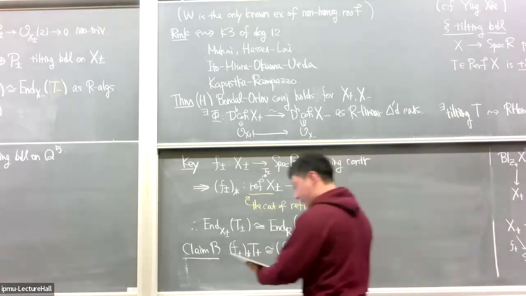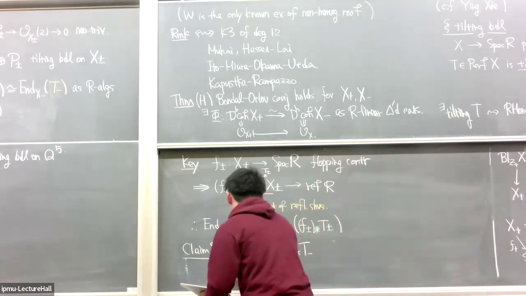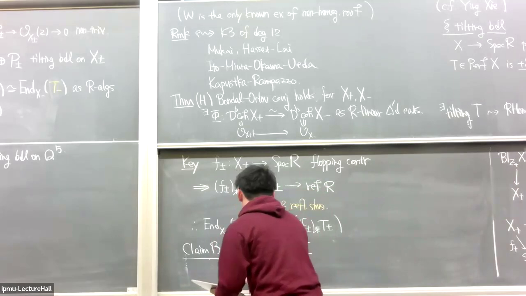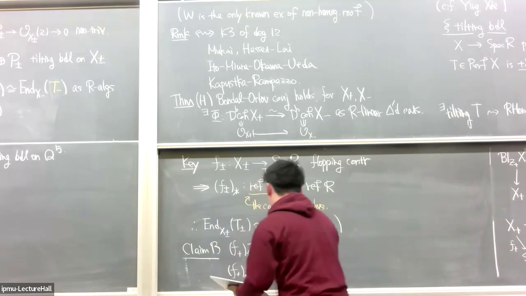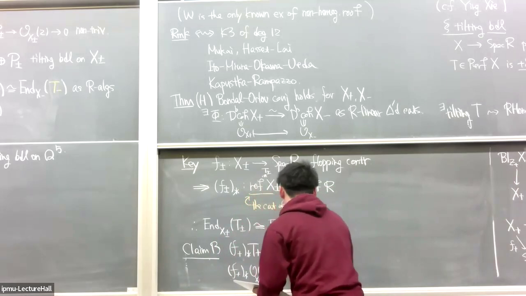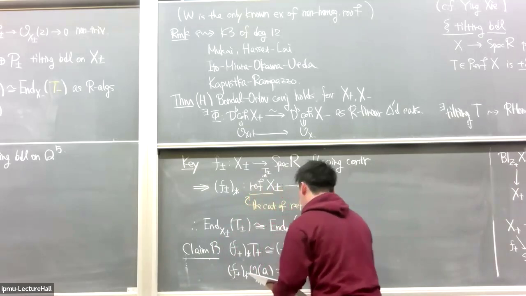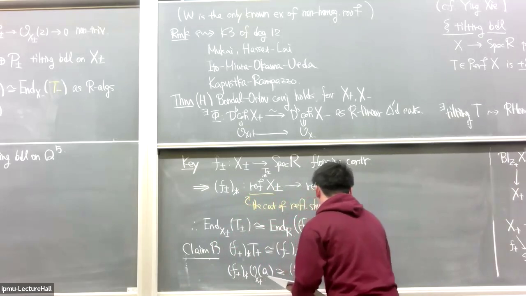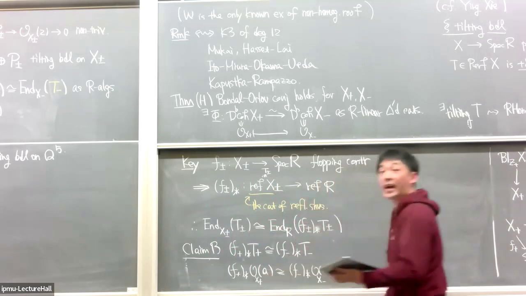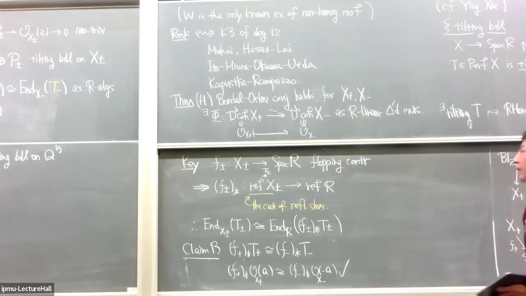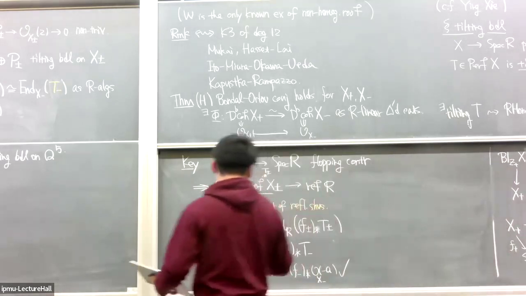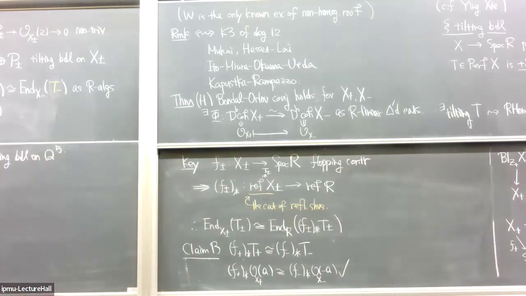And as I said, it's easy to see because this is a flop. The push forward of O(A) on X plus is isomorphic to the push forward of O(minus A) on X minus. This is standard. The difficult part is comparing the push forward of P plus and P minus.